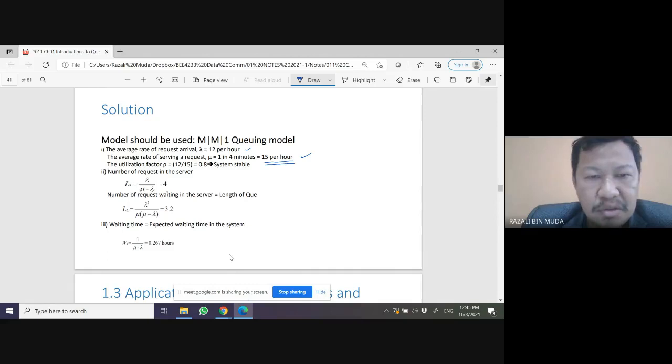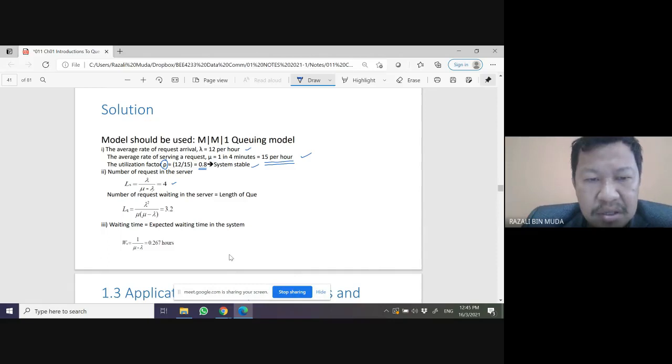So the utilization factor rho is lambda over mu, which is 12 over 15, equal to 4 over 5. This is less than 1, so the system is stable. Number 2, the number of requests in the server: L equals lambda over mu minus lambda, which is 12 over 15 minus 12, equal to 4.